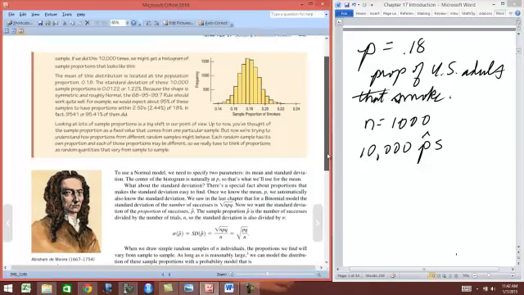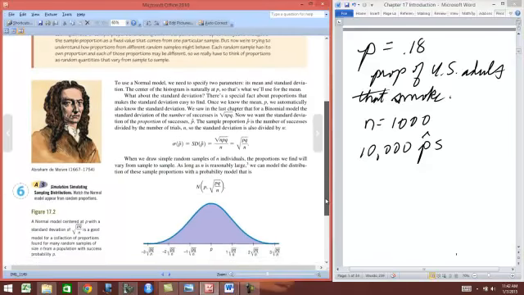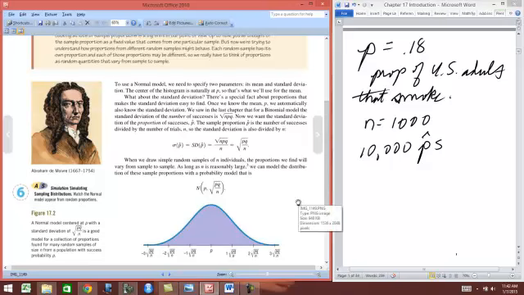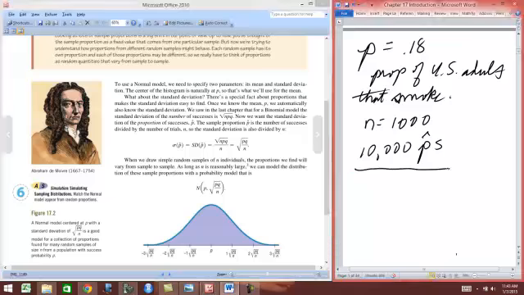All right, so now we're going to get into some specific calculations about how we figure the sampling distribution. If there's a sampling distribution, it has a mean and a standard deviation. So the mu for p-hat, we're going to call p.